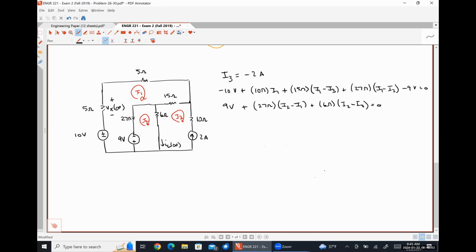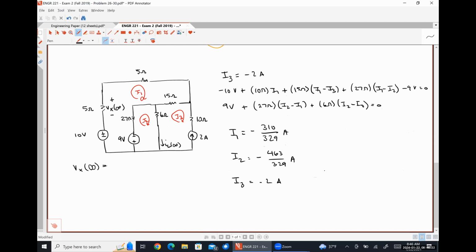Solving, we get I1 is negative 310 over 329. I2 is negative 463 over 329. And I3 is negative 2, much like we would expect.